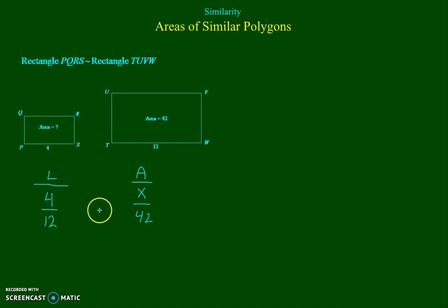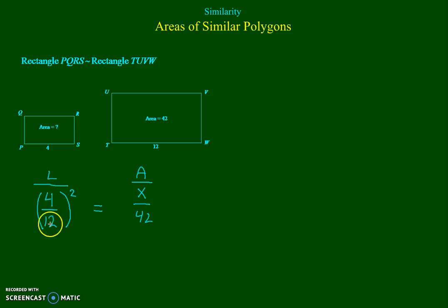Now we have no sign here relating these two. Again, how do we relate the ratio of areas to the ratio of side lengths? We just learned that the ratio of the areas is equal to the square of the ratio of the side lengths. So what we have to do is square this ratio. Now we can set them equal to each other, and we can go ahead and solve.